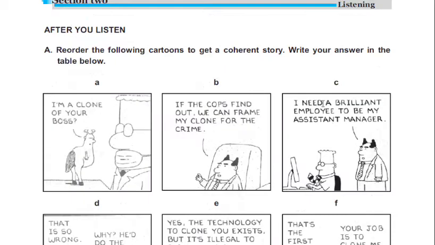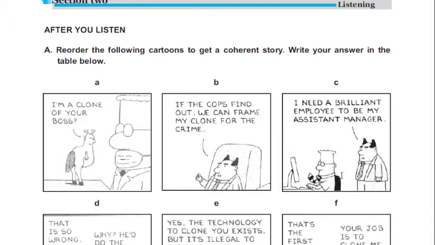It goes, we have two characters in here. One that looks like a clerk, maybe a manager, or a CEO, chief executive officer, or the owner of a company, and someone working on a computer.